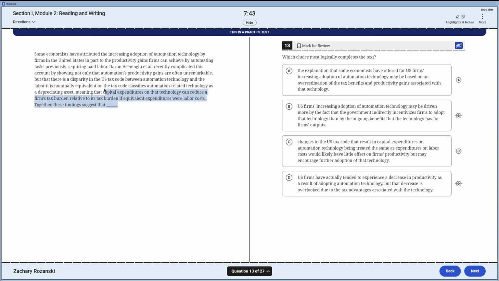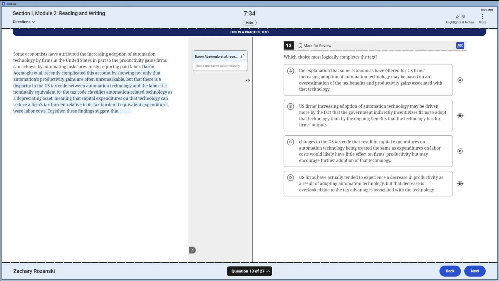Let's, oh my gosh, together with these findings kicks us back a sentence, and we've got this chunky boy to engage with. That's okay. He complicated this account, so that might kick us back a sentence in a bit. So not only are productivity gains unremarkable, they're small, right?